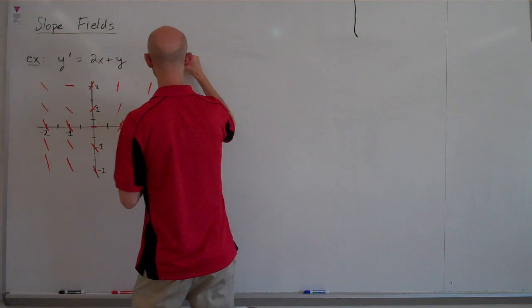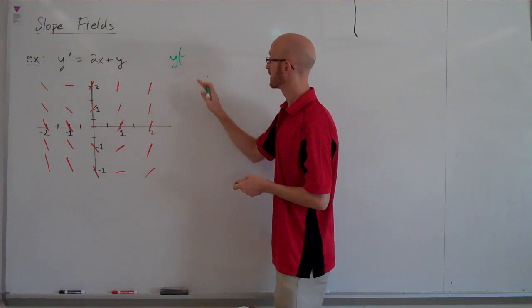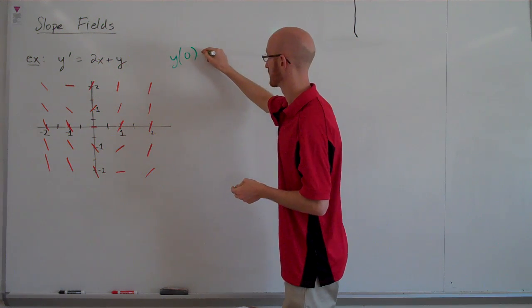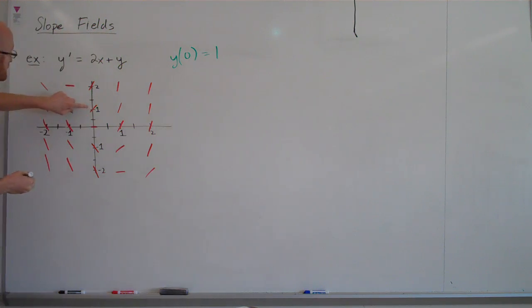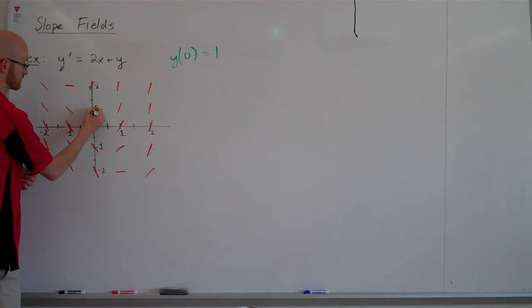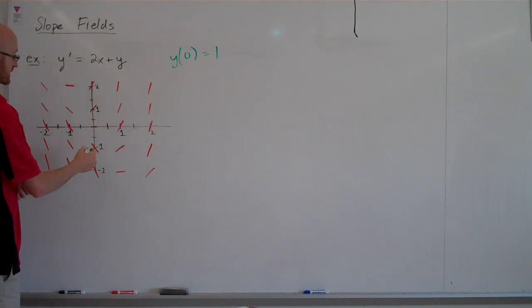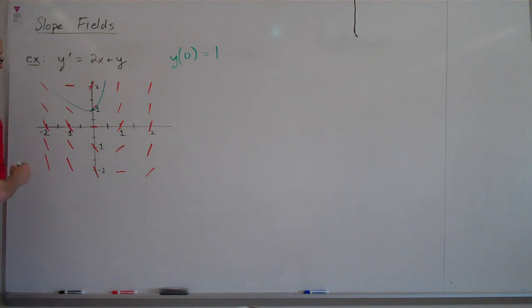So now, for example, if you were given a separate condition that said y of 0 is equal to 1, then you would go to 0, 1, and you just follow the trajectory the slope field takes you. In this case, it would look something like that.